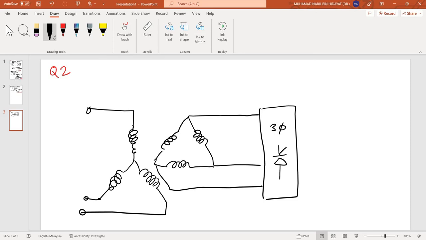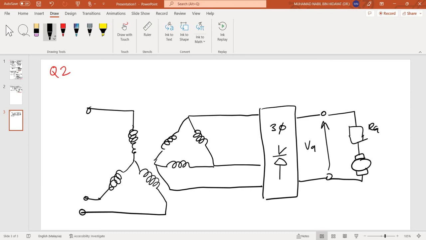Okay, so you have the star and then the delta, connected to the rectifier, and then you have your output of the rectifier, and into your armature. So this will be RA, this will be the armature.